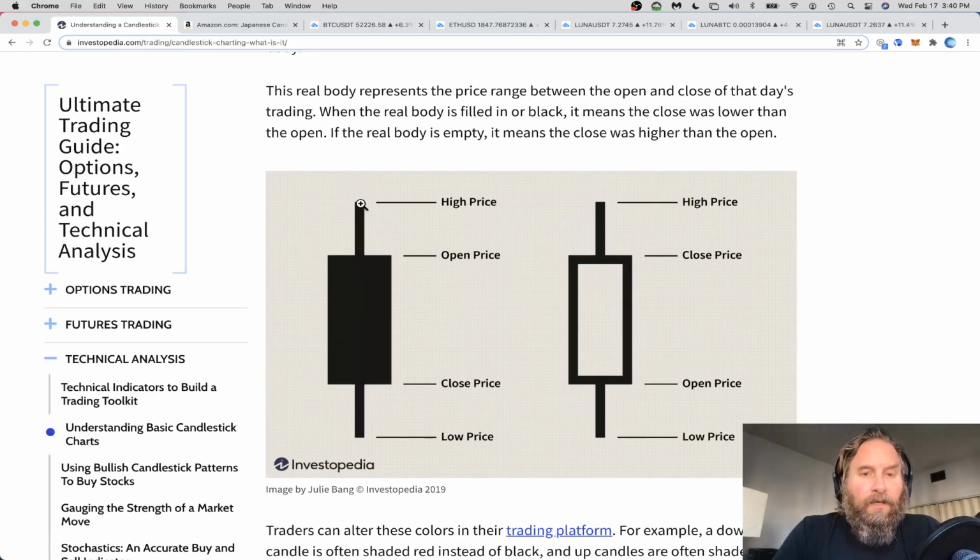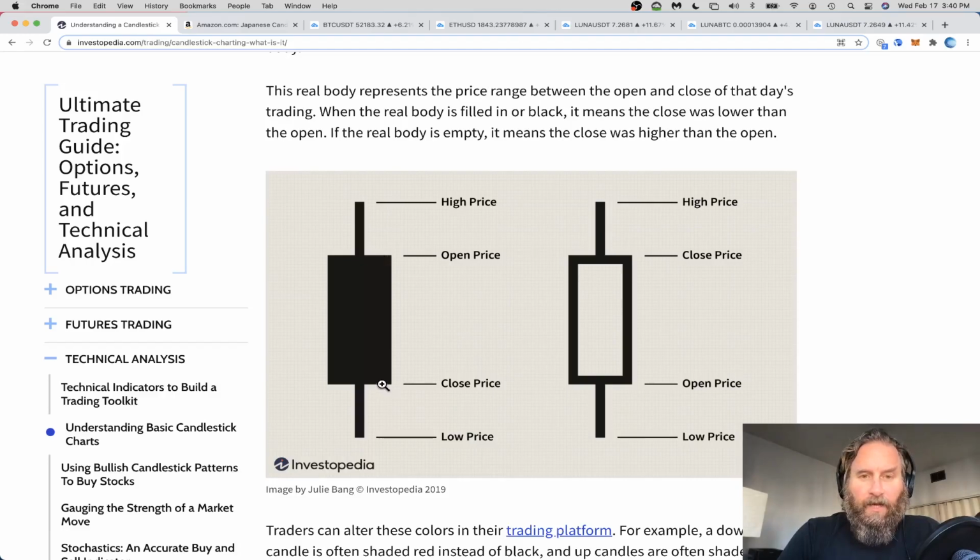So on the weekly candle, we don't know exactly where it was on Monday or Tuesday because we're looking at a weekly candle, right? But we do know that during that week, it ranged from up here to down here, but it opened here and it closed here on the close of the week.